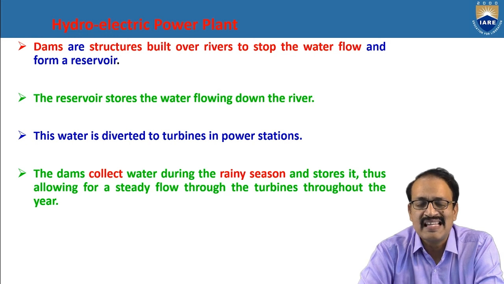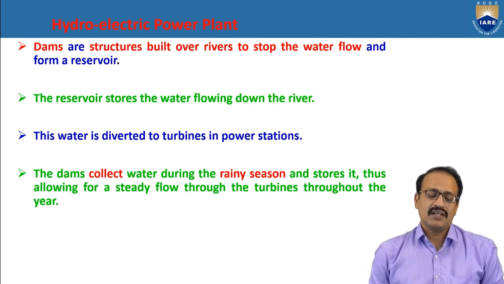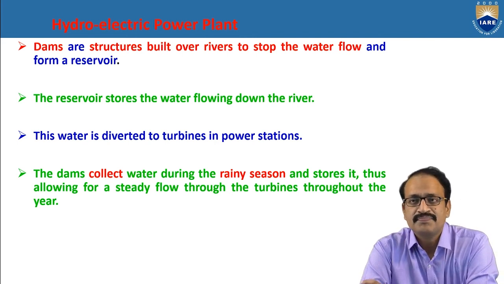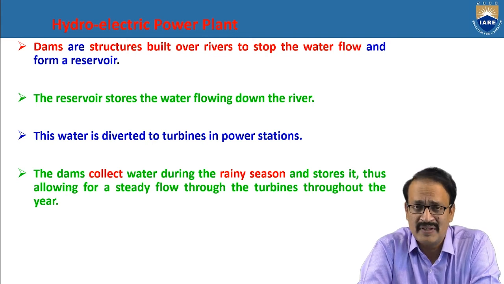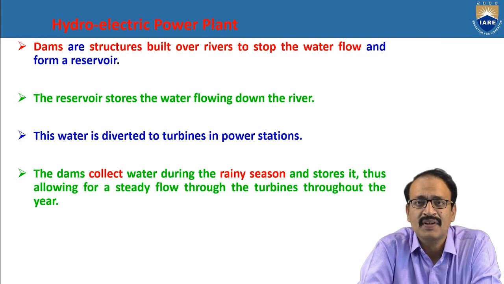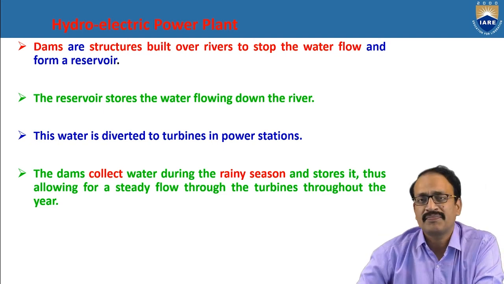During the rainy season, we are able to store sufficient water, and in parallel we will be generating the power, and we can generate this power throughout the year by storing the water.